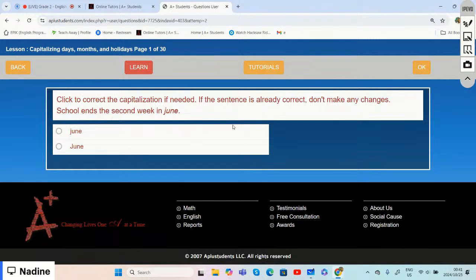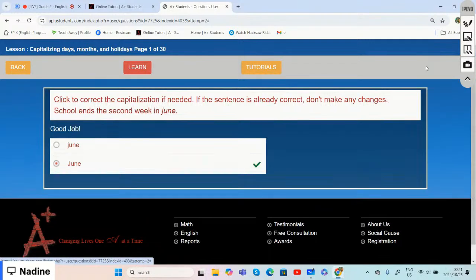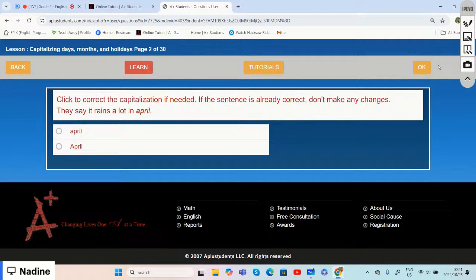If we were to choose the correct option, we would say that school ends the second week in June. June, capitalized, option two. Well done. June, option two is correct.